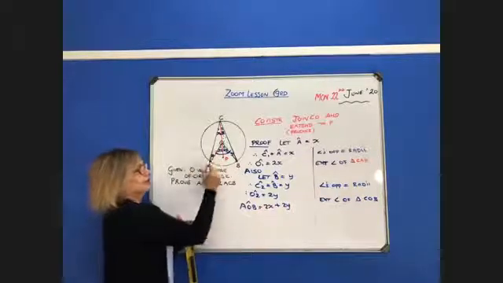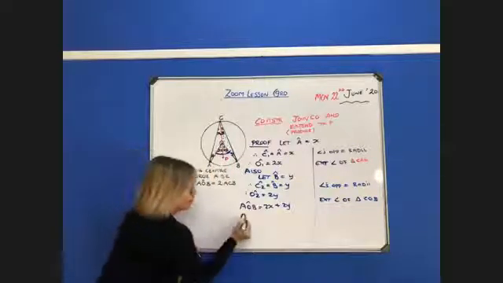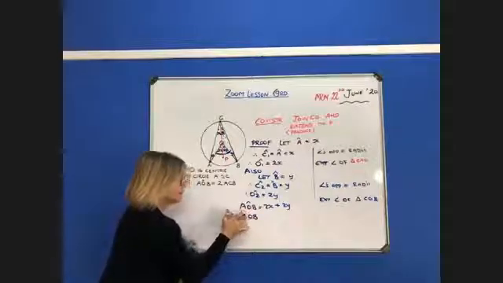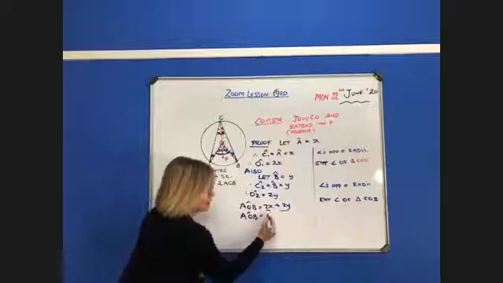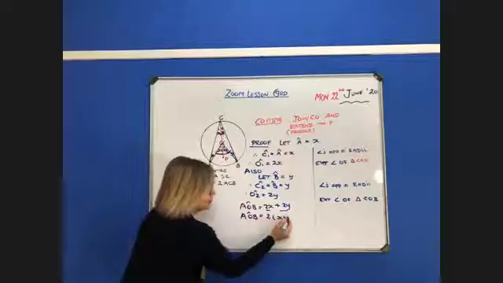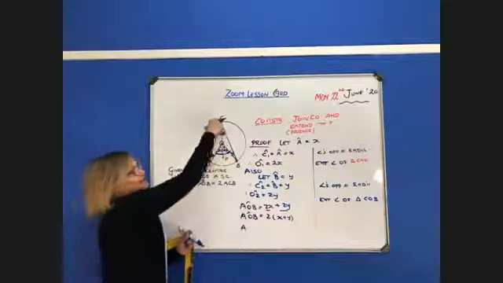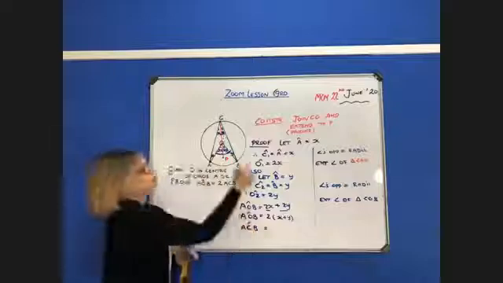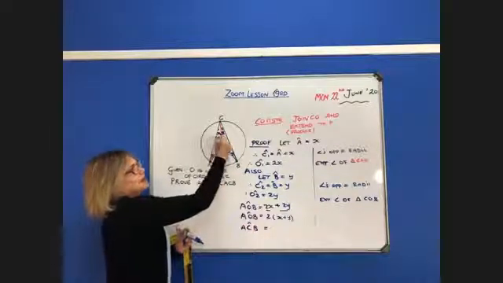If you factorize this and take out the 2, you have 2 times (x plus y). And if you look carefully, angle ACB equals x plus y. Do you see that angle is x plus y?